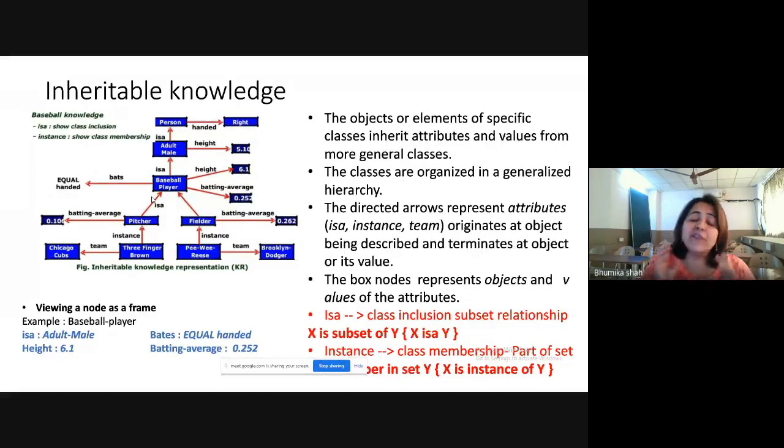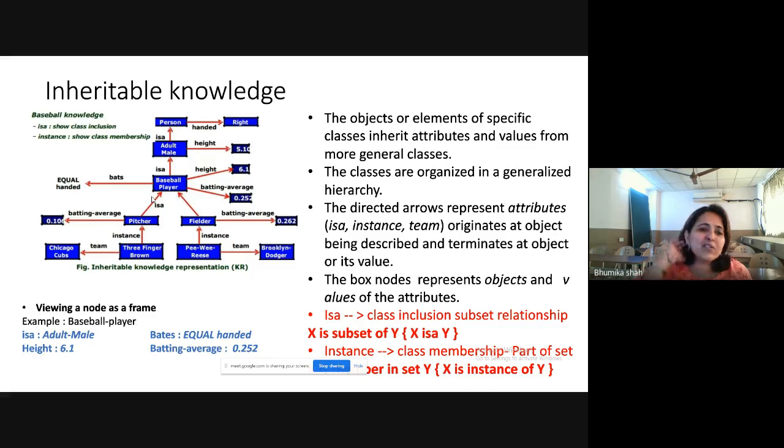Why? Because fielder itself has its own exclusive value, so it is overriding the inherited value. If it has its own value, it will override the inherited value. If it doesn't have that attribute, it is going to use the attribute value of the parent class. See, it's so simple.